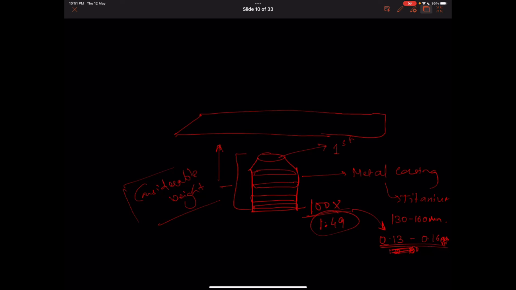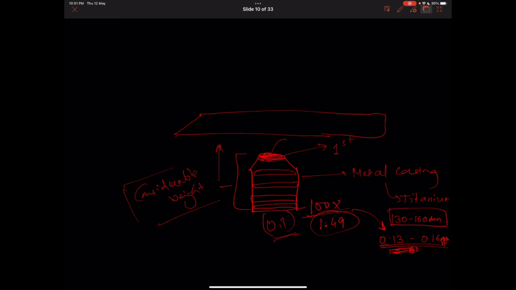In that case, if it is an oil immersion objective, which it usually is, basically these high NA objectives are oil immersion objectives. So when you put the oil here, there will be a layer of oil on the objective. Now with this, it has to go and touch the sample in such close proximity so that it can maintain this distance. Because why?